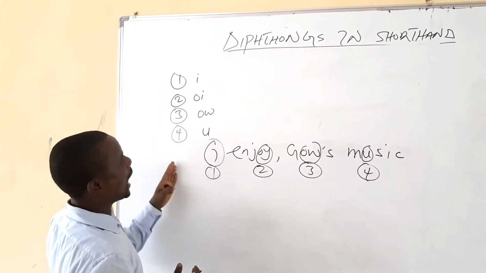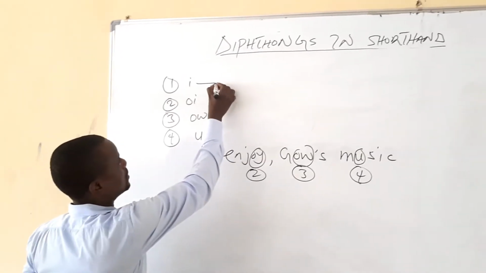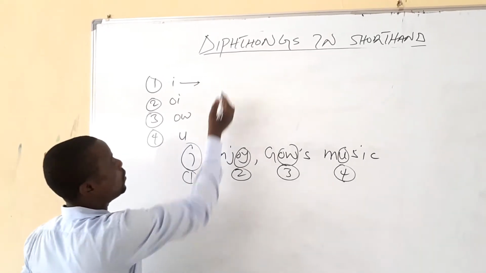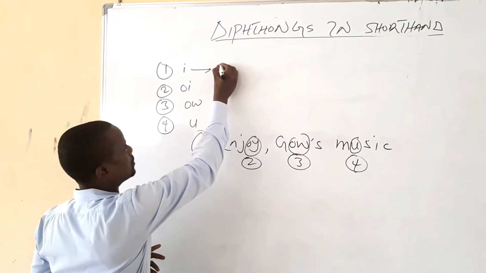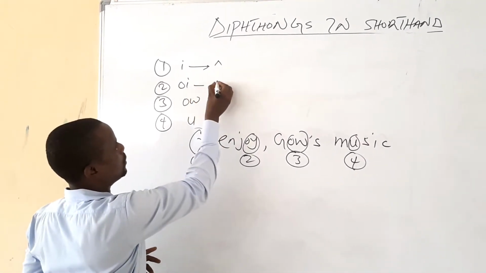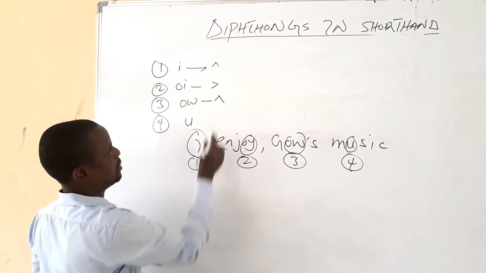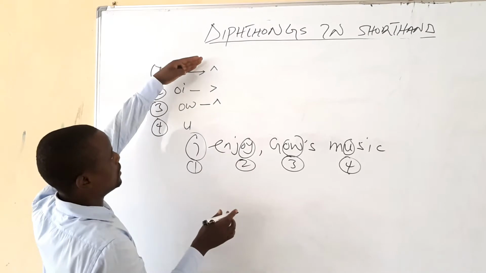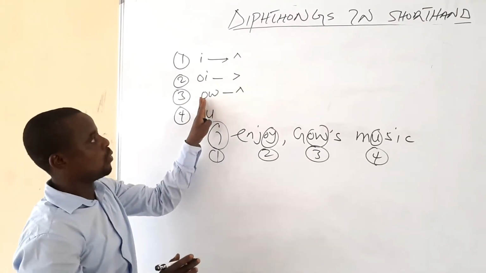So we have the sign of these diphthongs. The sign is a small angular mark. A small angular mark is like this. Then this one is looking like this. Then this one is looking down. These are the diphthong signs of I, OI, and OW.